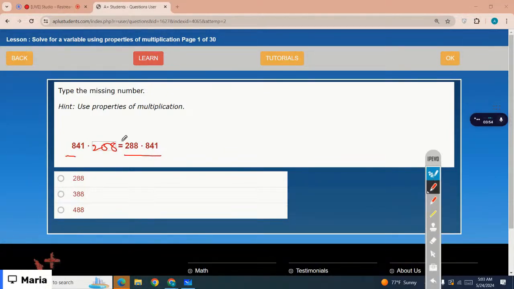That means the other number is 288, because according to the rules of multiplication, both sides must be exactly the same. So the correct option is 288.